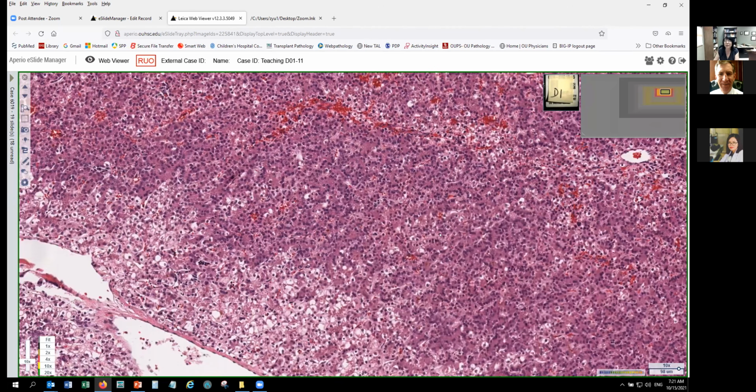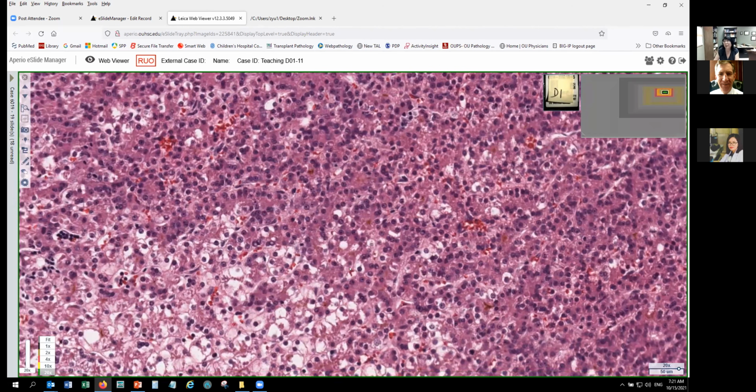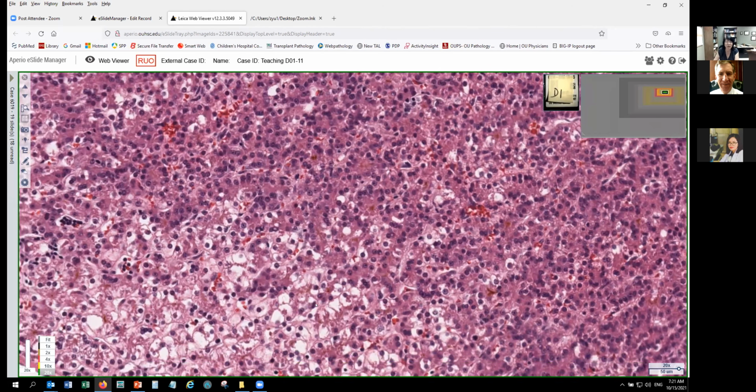Because of the well-differentiated liver cells, and with this history of high AFP and a big liver tumor, this is called hepatoblastoma.